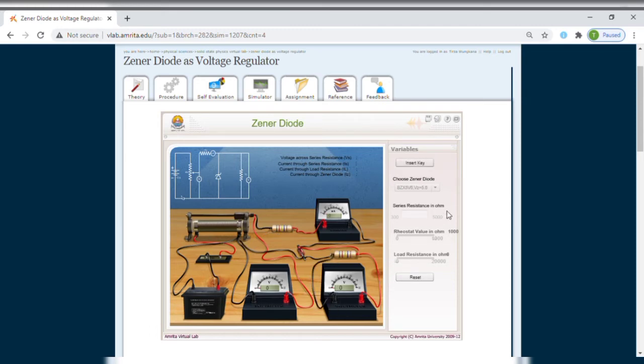One more thing, and then boom, the insert key button is already available, and now we're going to start.